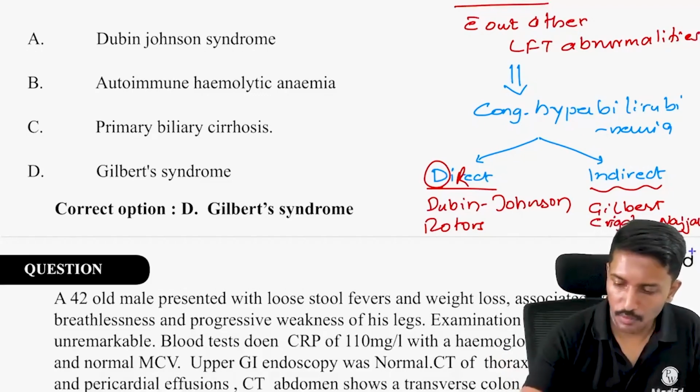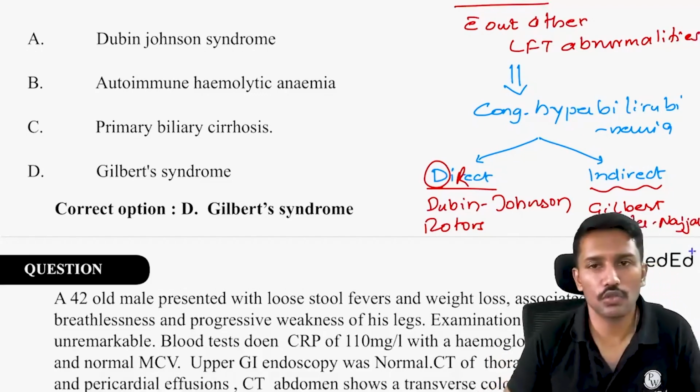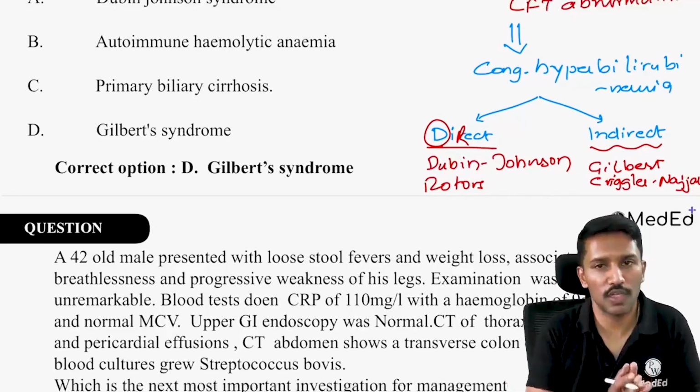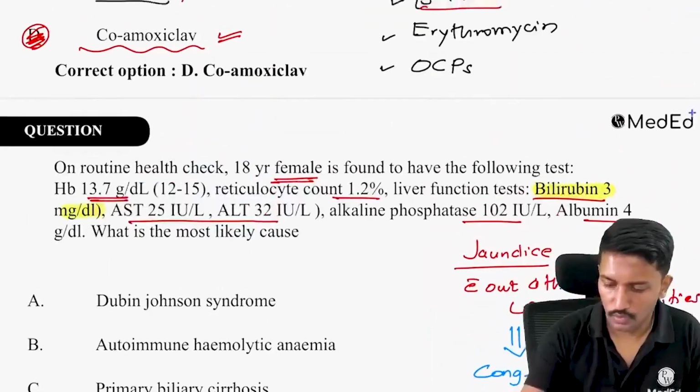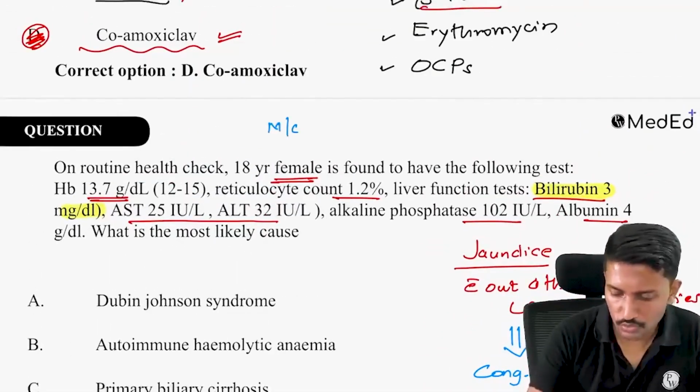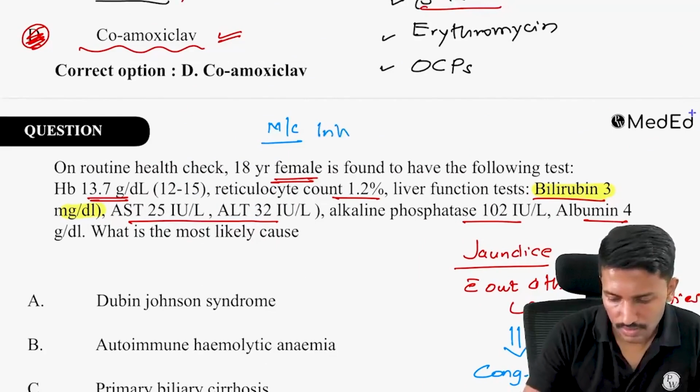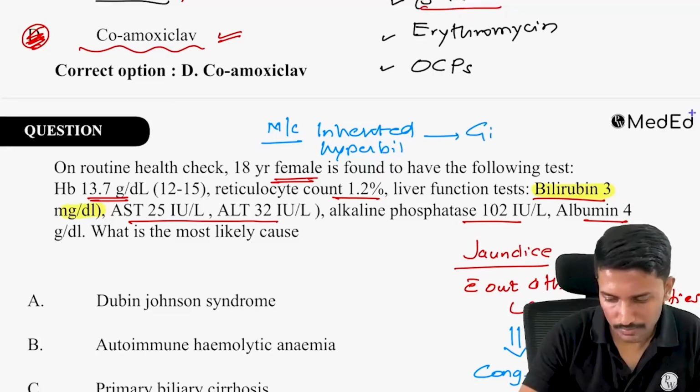The first thing is, among all these, what is the most common in inherited hyperbilirubinemia? The most common is going to be Gilbert syndrome. So this is again an MCQ point. Most common inherited or congenital hyperbilirubinemia is Gilbert. Okay.